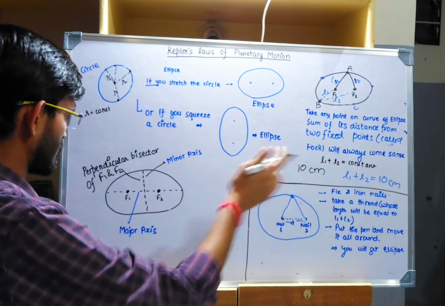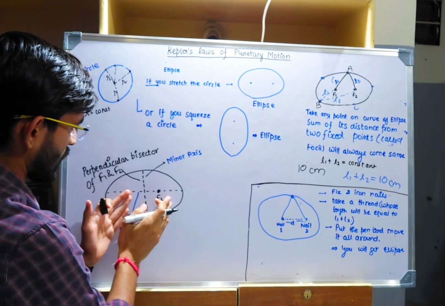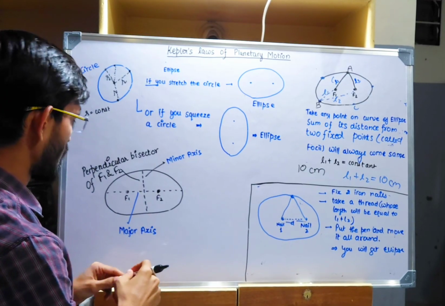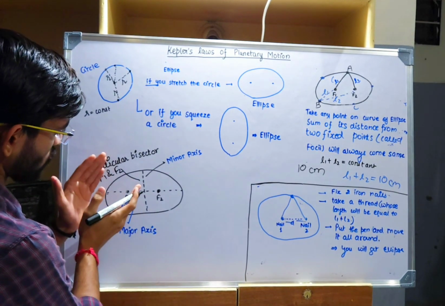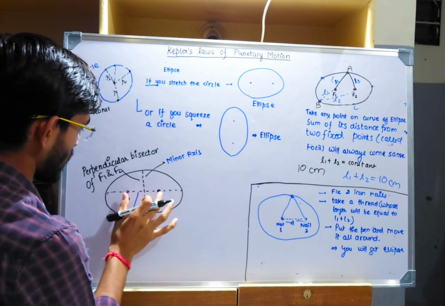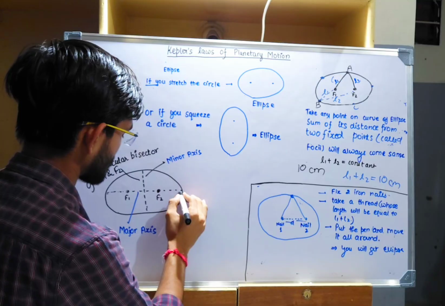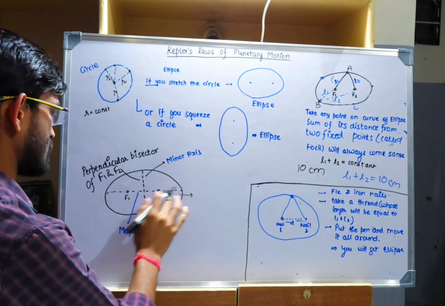As I told you, an ellipse has two focus points, F1 and F2. If you draw a line passing through F1 and F2, this line is called the major axis.